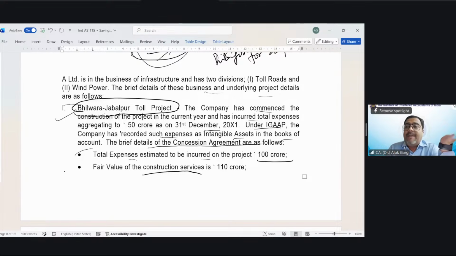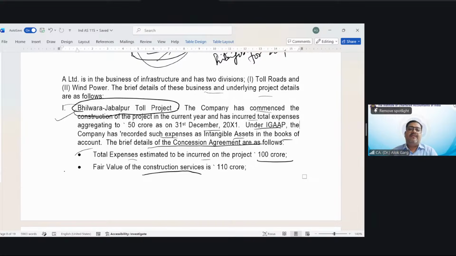Or if this entity charges the construction services from any customer, be it government, the entity will charge 110 crores. So one thing is very clear, the fair value of the construction service is 110 crore, while the expense is 100 crore. Means whatever money this company has spent, it has a value of 110 crores.